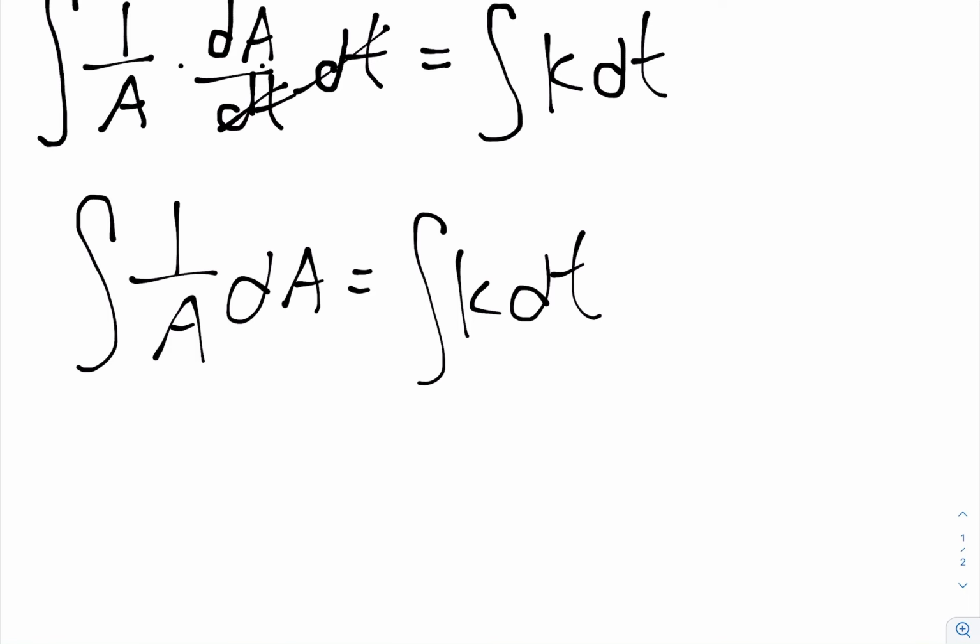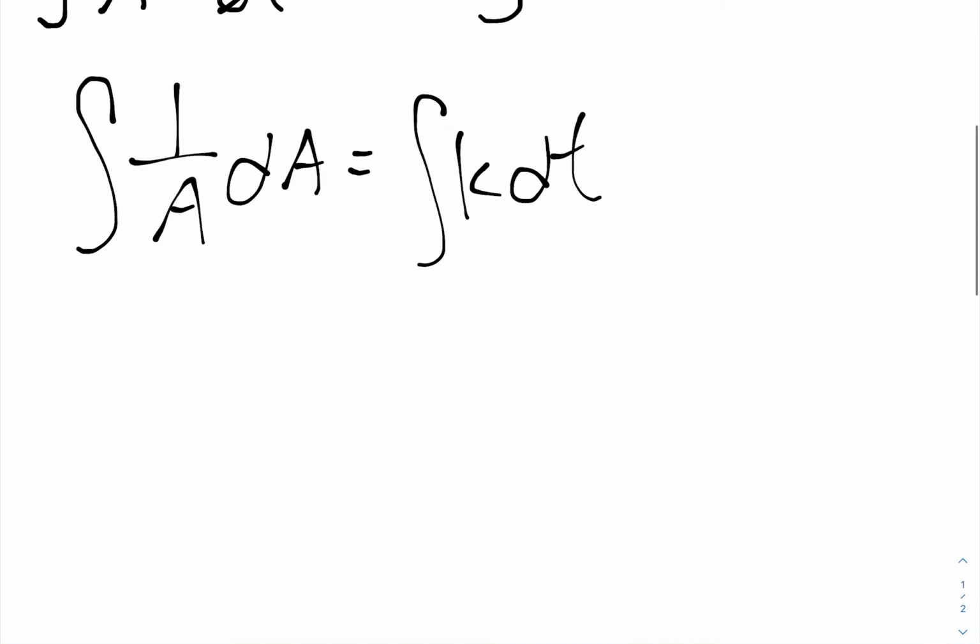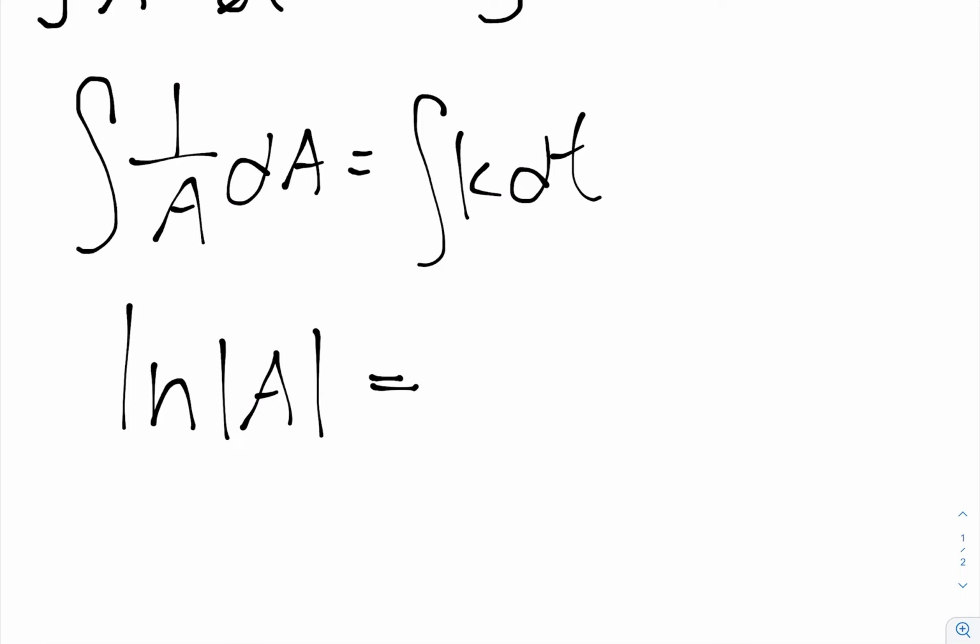So what's the integral of 1 over A with respect to A? This is equal to the natural log of the absolute value of A. What's the integral of k with respect to t? Well, we can factor out the k because k is a constant. So this is k times the integral of dt, and the integral of dt is just t. So this is kt, plus C.